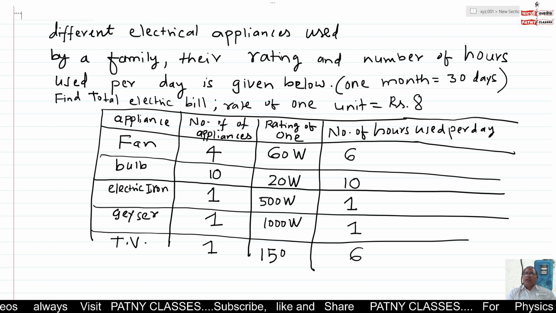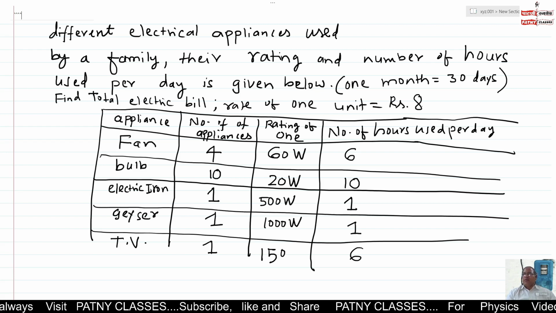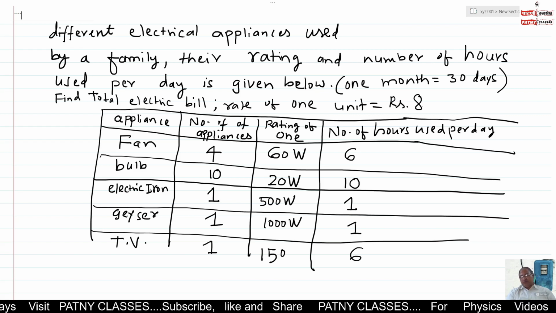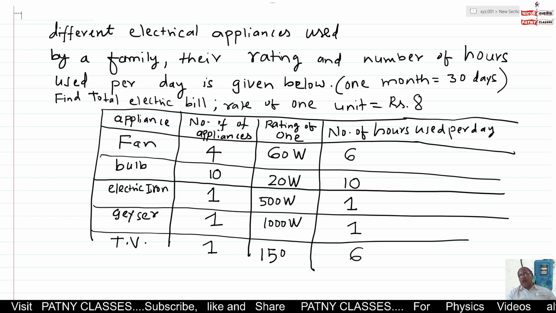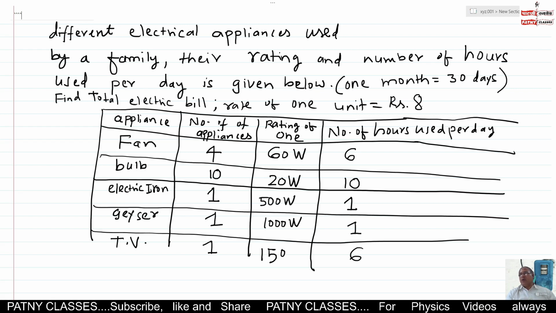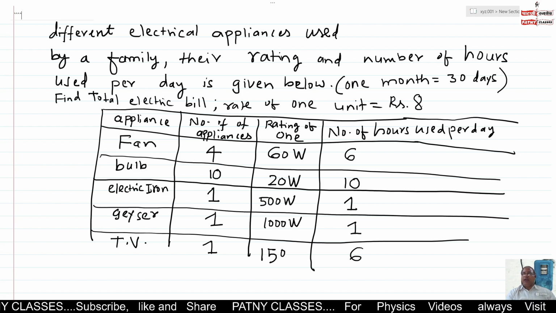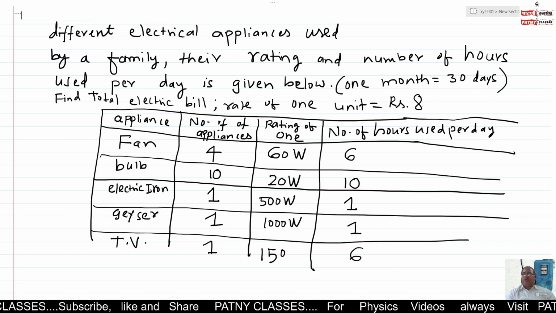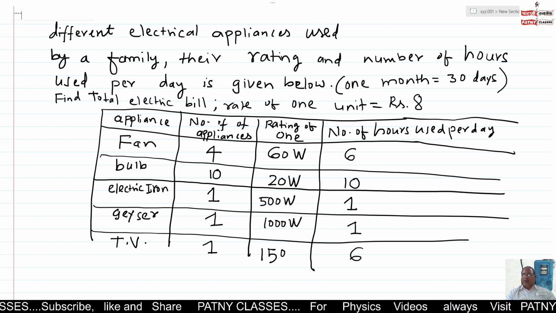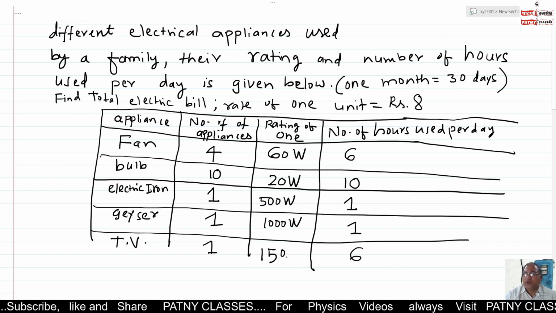Rating of the iron is 500 watts and number of hours 1 hour. Geyser 1, rating 1000 watts, 1 hour per day. TV 1, rating 150 watts, used for 6 hours per day.